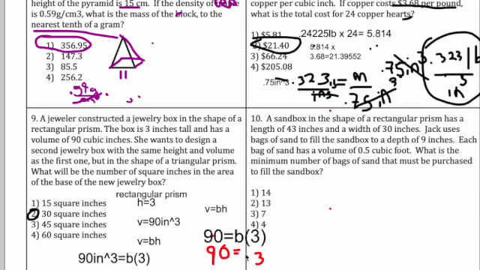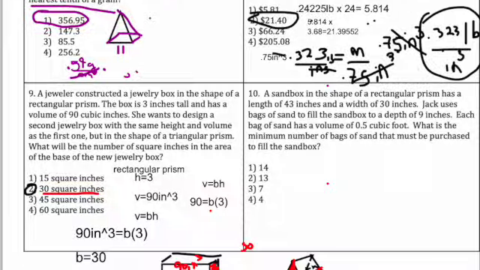Then we know that the area of this base must be 30. Even though it's a triangle, we're talking about the area of the base, because if the height is the same, it needs to be multiplied by the same area to get the same volume. So it is 30 square inches, the area of the base of the new jewelry box.